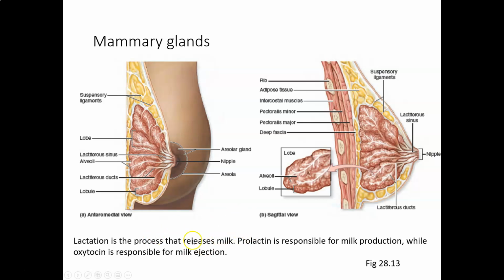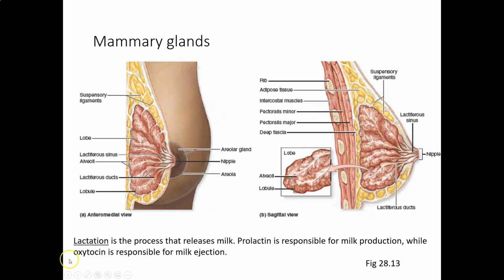Lactation is the process that releases milk. Prolactin is the hormone responsible for milk production. It works on the mammary gland and promotes the secretion and production of milk. But then another hormone, oxytocin, one of the posterior pituitary hormones, is responsible for milk ejection; prolactin is the anterior pituitary hormone.